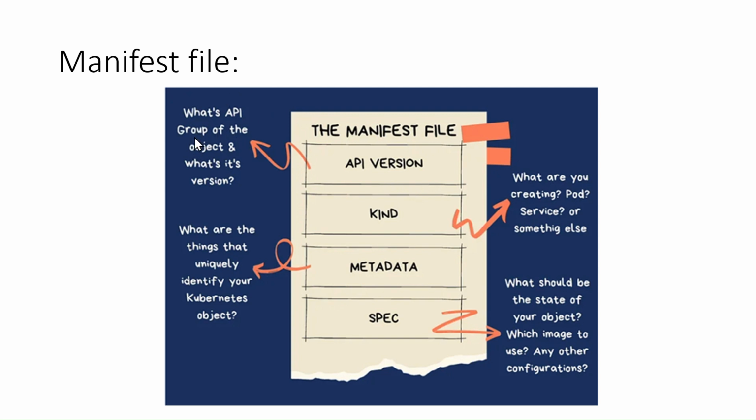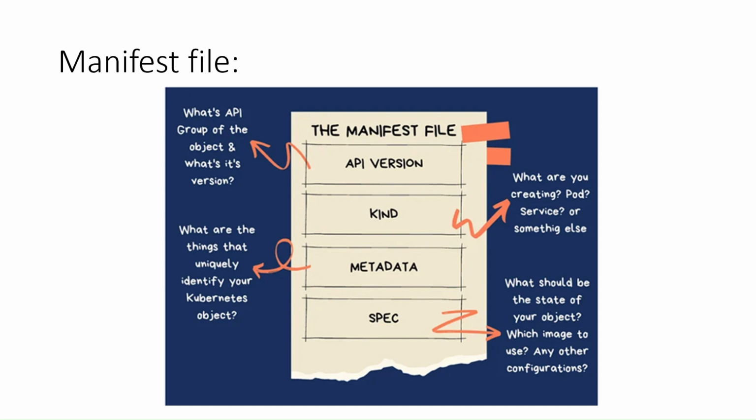So what is the API? It is the API group of objects and its version. If I am using libraries like Java, the JDK, the version we are using will be there. And the kind is something special that we want in Kubernetes.